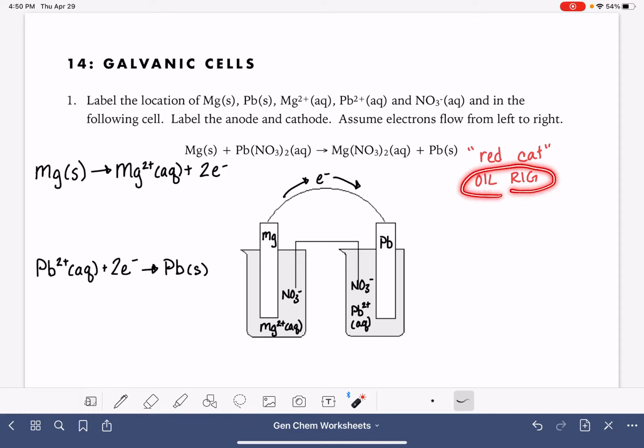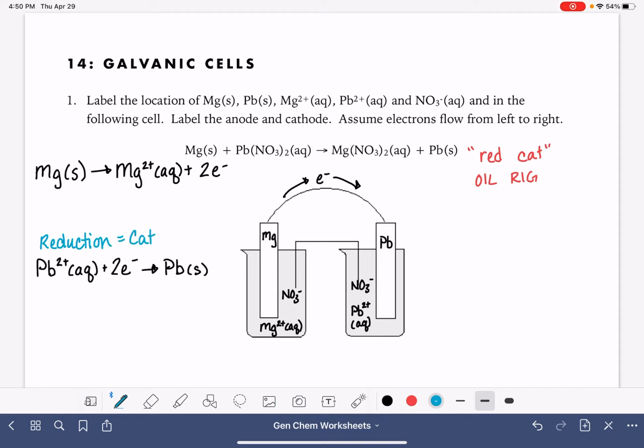So if we can figure out which one is the reduction half reaction, then we'll also be able to figure out which one is the cathode. Reduction is gain. Who is gaining electrons? Looking at our 2 reactants, this is the gain of electrons. So this is our reduction, and this is taking place at the cathode.